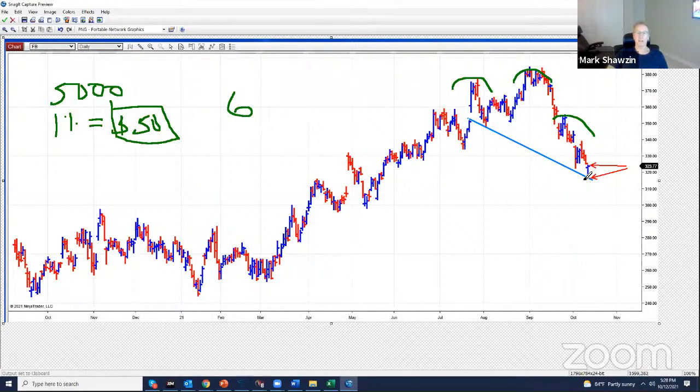If your risk here is $6, then you can buy roughly eight shares. 6 times 8 is $48, right? So you're risking $6 per share, and you don't want to risk more than $50. That's how you would decide how many shares to buy or sell using those parameters.